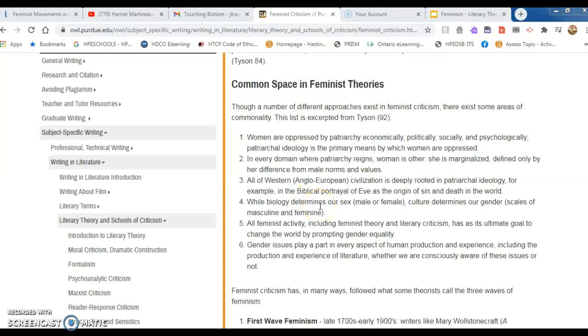Culture determines our gender, the scales of masculine and feminine, and what we deem as okay for masculine and feminine. I watched an interesting TED Talk one time about how and why most of the helper robot voices are women's voices or feminine voices. So Siri or Alexa, they also contain women's names.